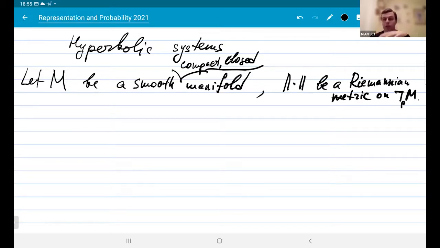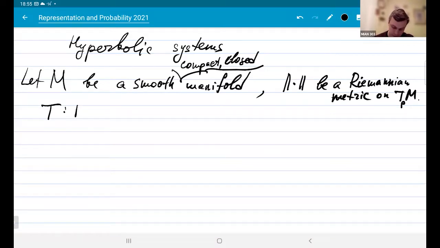In fact, the definition below will not depend on the choice of this Riemannian metric. If you replace it with some other smooth Riemannian metric, the result is the same. Okay, so we have some map.